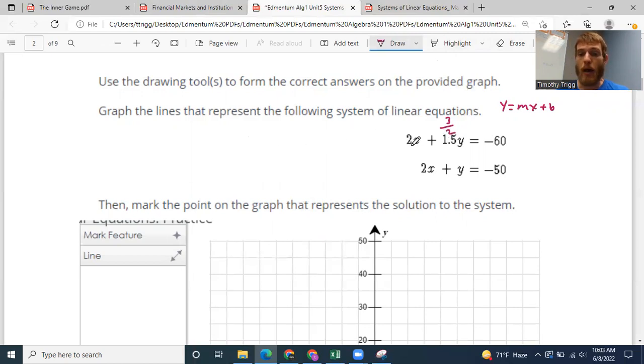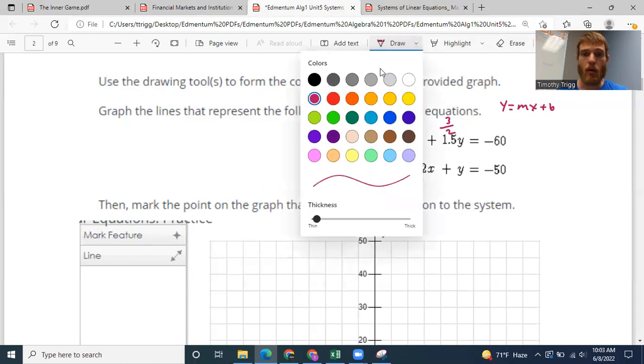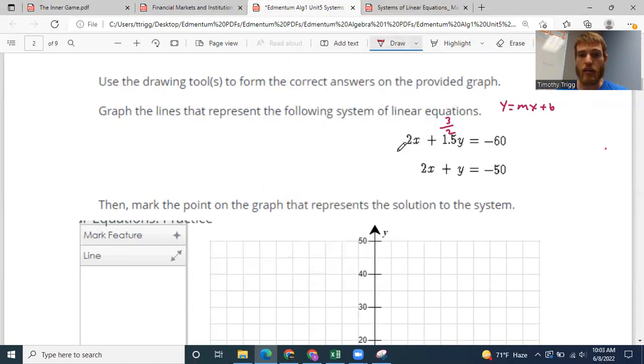To get y by itself, the first thing I'm going to do is subtract 2x on both sides of the equation. Remember, whatever we do to one side of the equation, you have to do to the other side. So our equation now looks like 3 over 2 y equals negative 2x minus 60.